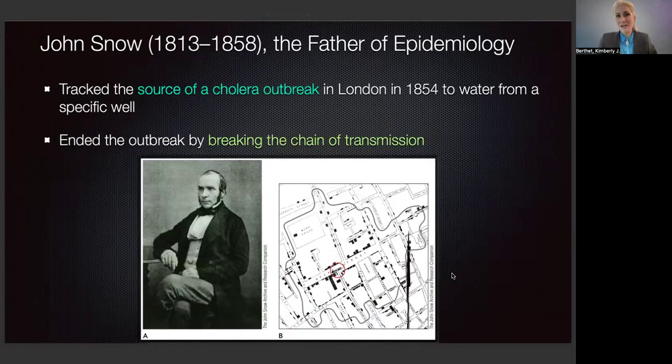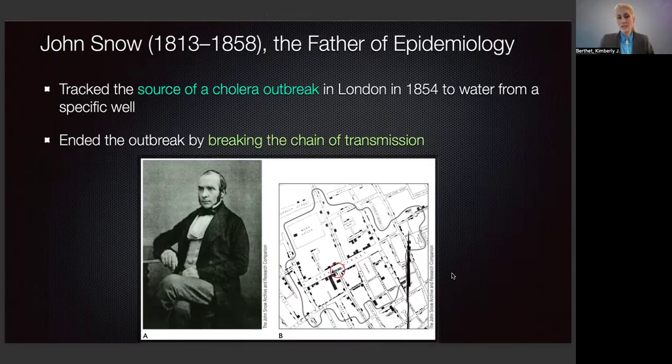Let's go ahead and go back to John Snow, who's known as the father of epidemiology. He was one of the first scientists to track disease. In London in 1854, he was able to find the source of a cholera outbreak. So cholera was being transmitted throughout London, but people weren't necessarily sure how this disease was moving through the population.